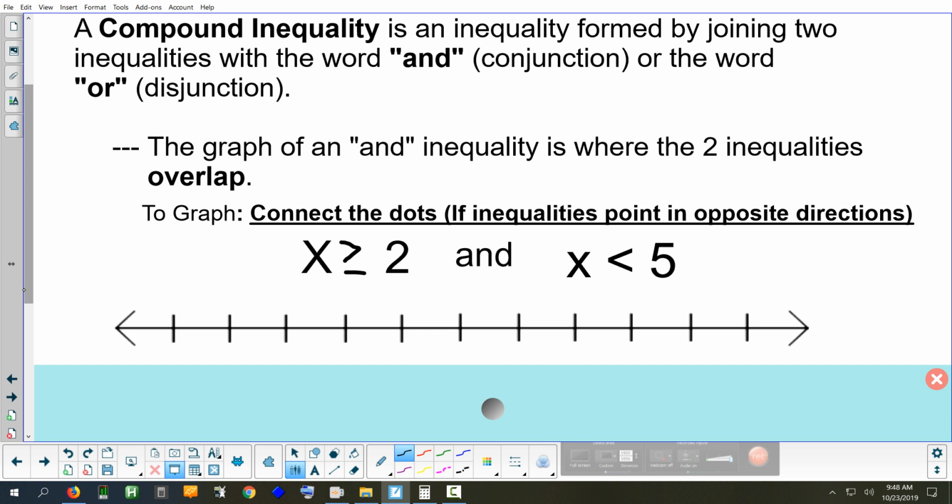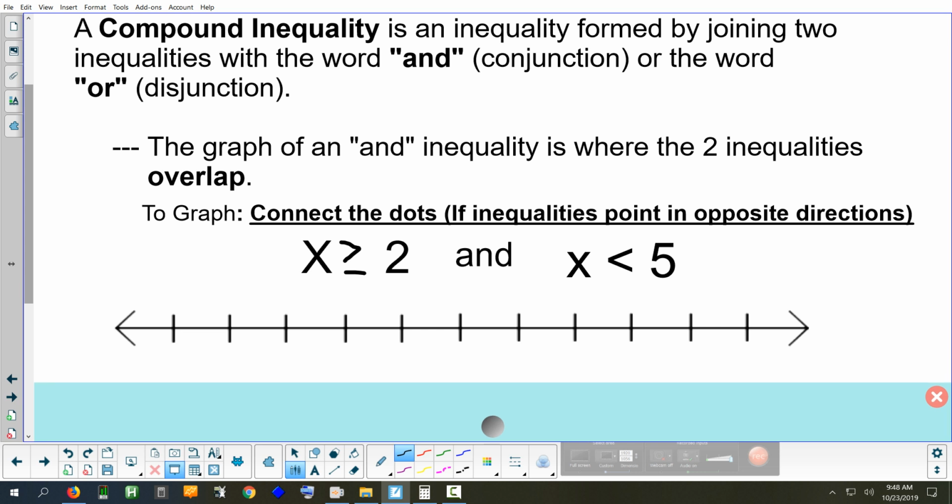Okay, let's start with this one. x is greater than or equal to 2. All right, well, first of all, I need some numbers on this number line. Let's go 1, 2, 3, 4, 5. It doesn't matter. You can put the 1, 2, 3, 4, 5 anywhere you want, just somewhere on the number line. What kind of circle would I put on 2? Open?